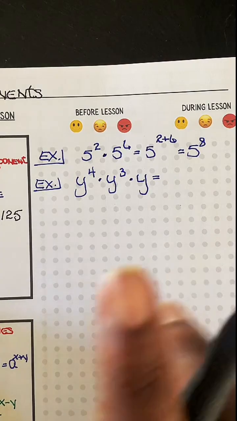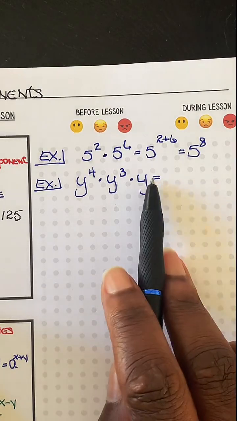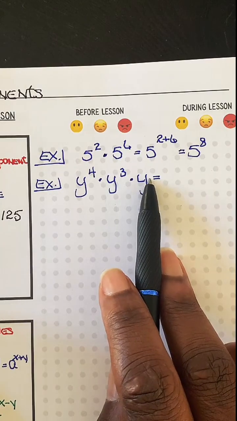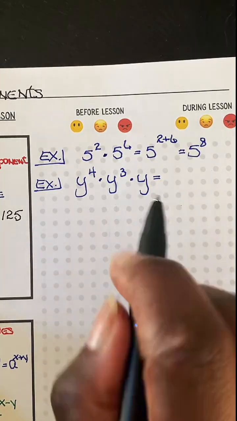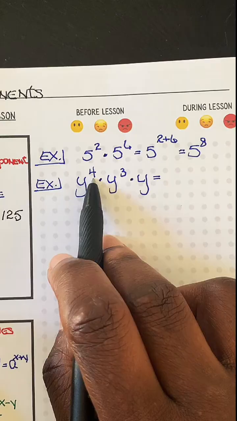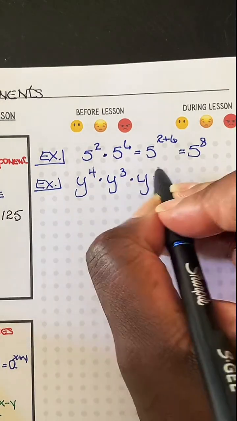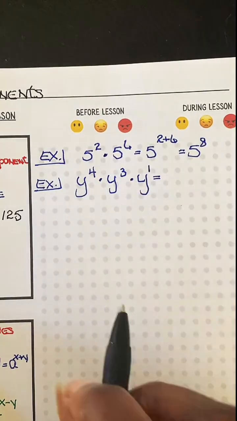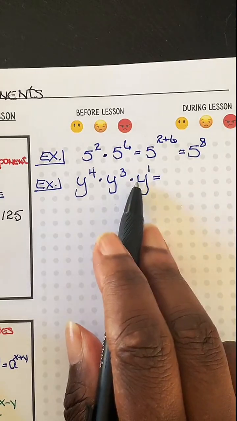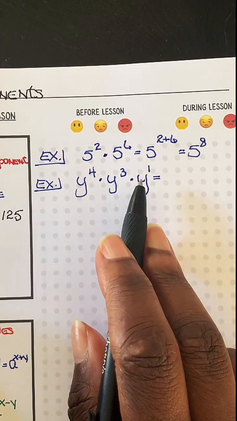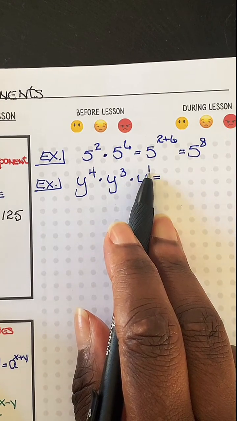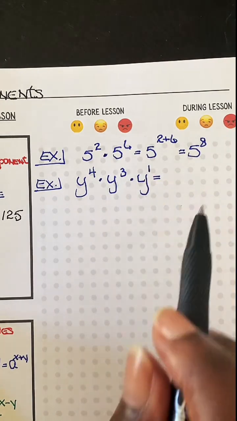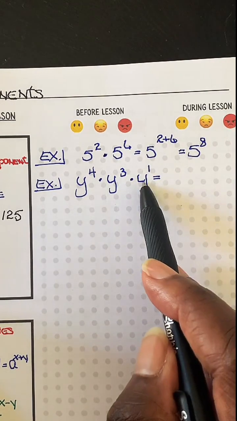Yes. There is an exponent right here, guys. There's an exponent that's understood to be there. So yes, you add the 4 and the 3, but there is this extra y. This is y to the 1st power. So anytime you don't see an exponent, there is an exponent of 1. I know a lot of teachers will say, oh, y equals 1.